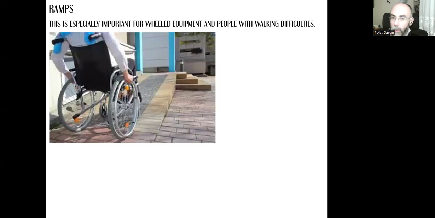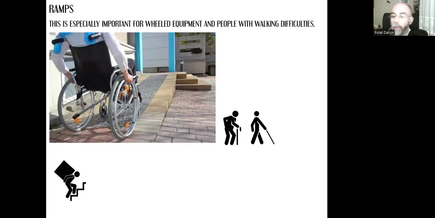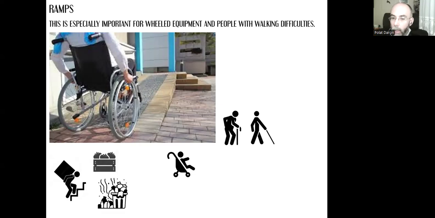This can include people with wheelchairs, or elderly people who need a walking stick, or blind people, or people who need to carry heavy stuff instead of using the stairs. They can be more comfortable with the ramp. They can be carrying heavy food, garbage.